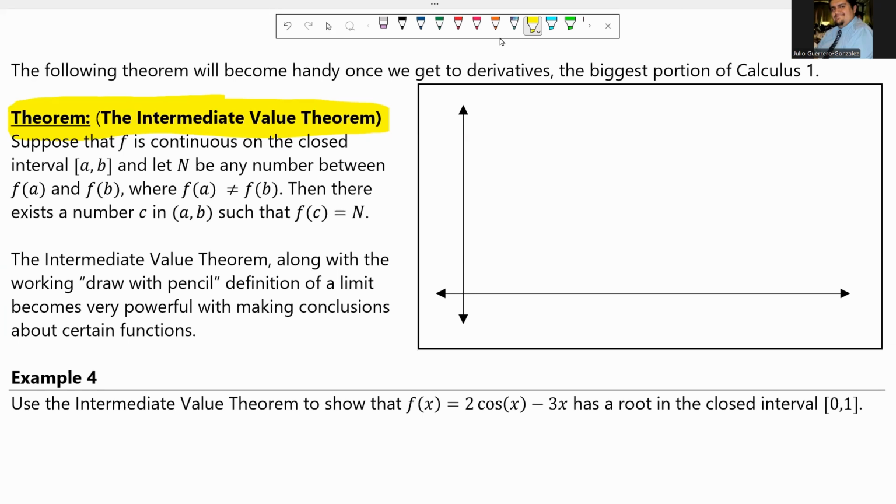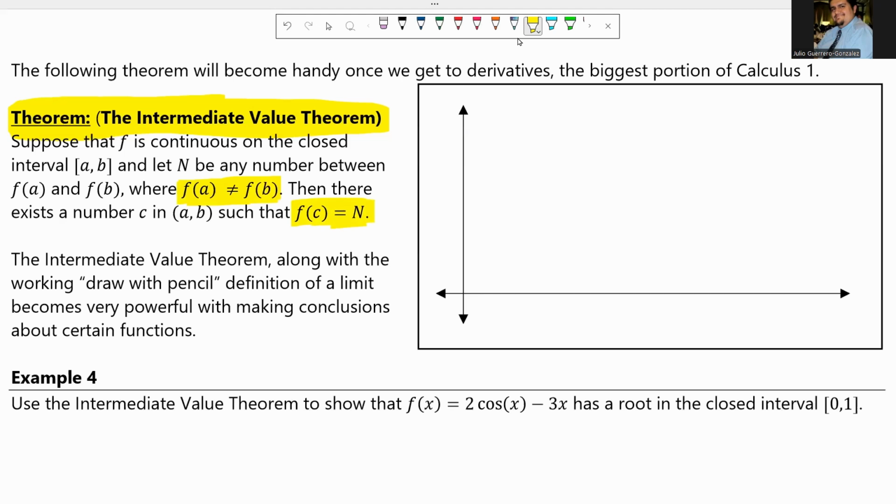Suppose that you have a continuous function f on a closed interval [a, b], and you let n be any number between f(a) and f(b), where f(a) does not equal f(b). Then there must exist a value c in (a, b) such that f(c) is equal to that value n.